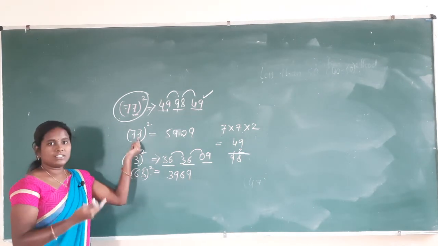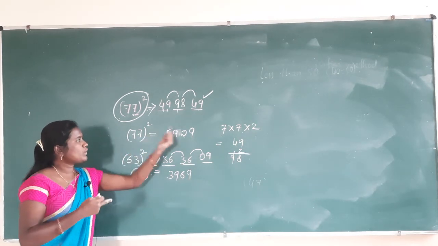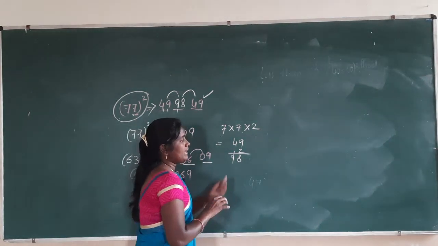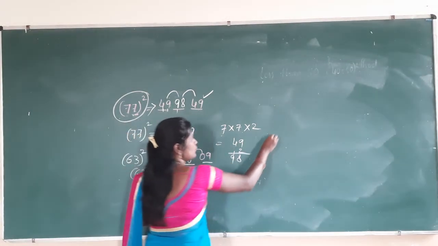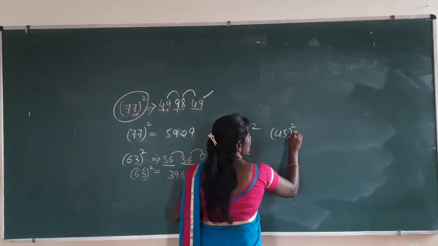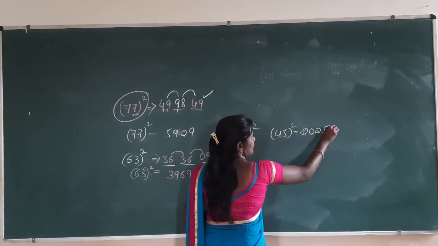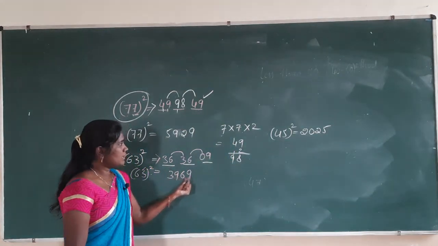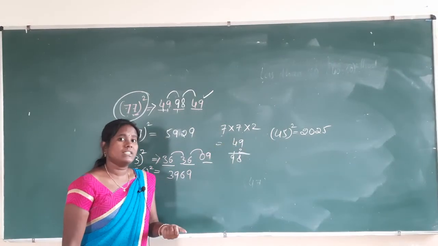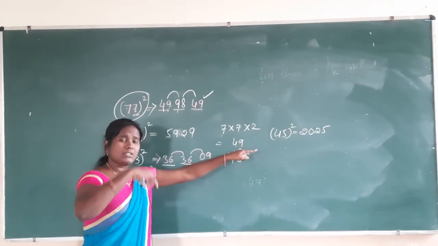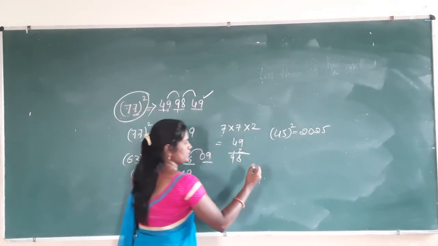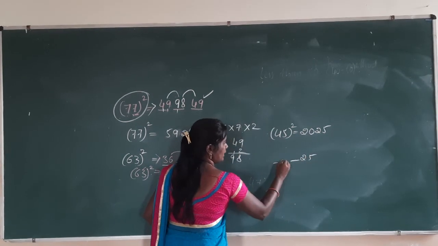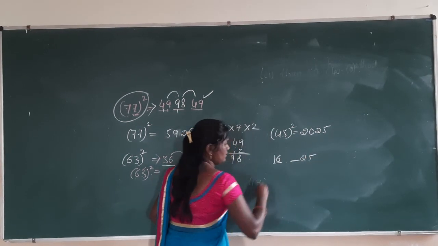Here also, the number which ends with 7, its square ends with 9. If you have any doubt, earlier we considered 45 square. We found that it is 2025, isn't it? Let us apply this method to that number, to see whether this method works or not. Now see, 5 square is 25, 4 square is 16.